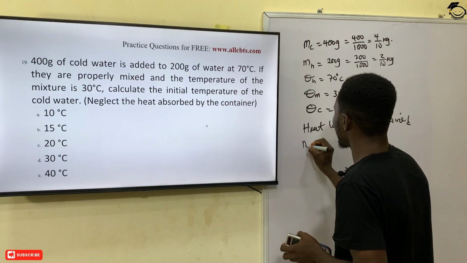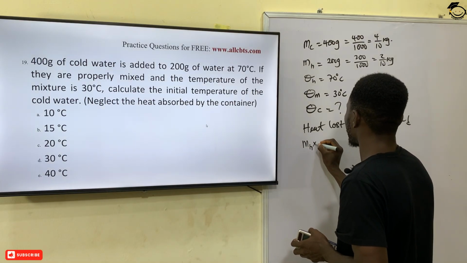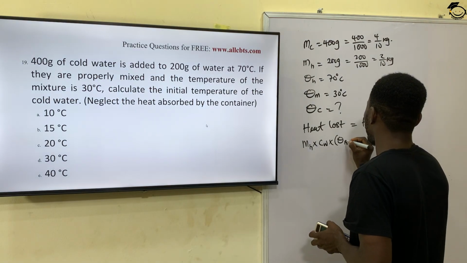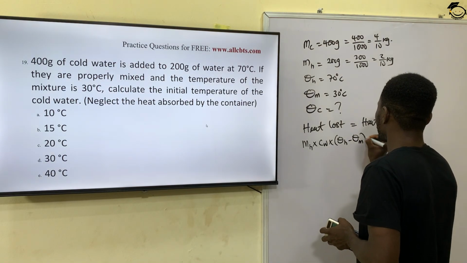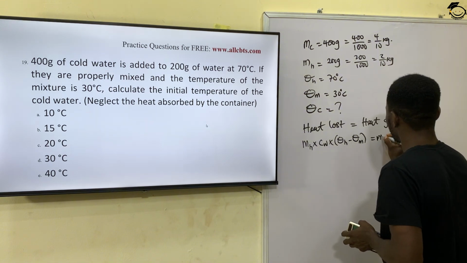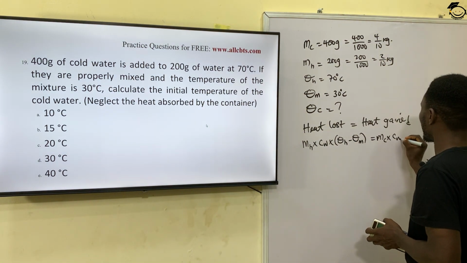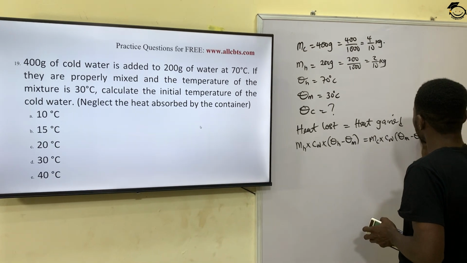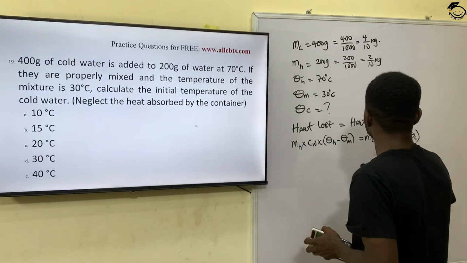So this is mass of hot water times specific heat capacity of water times temperature of hot water minus temperature of mixture. This is equal to mass of cold water times specific heat capacity of water times temperature of mixture minus temperature of cold water. So the specific heat capacity will cancel out.